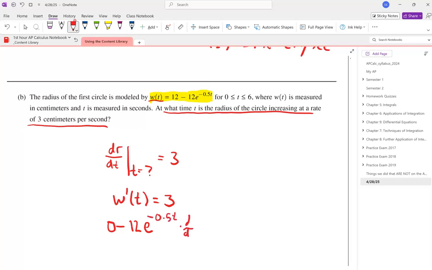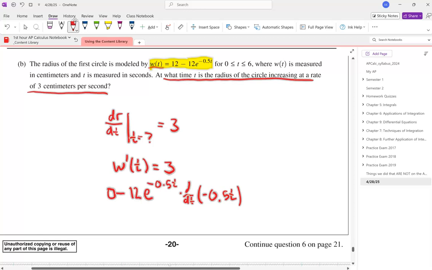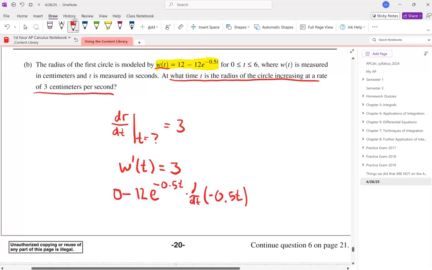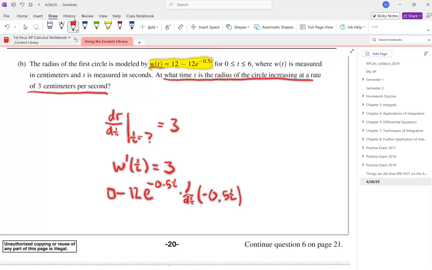And then the derivative of that exponent is just going to be negative 0.5. So I'm going to have 6e to the negative 0.5t is equal to 3.